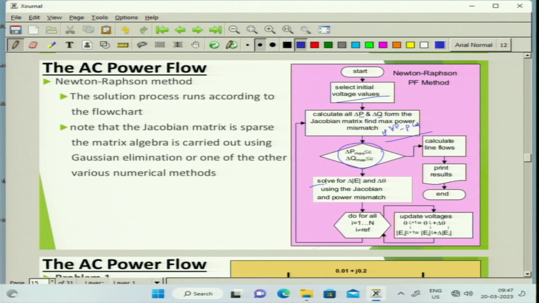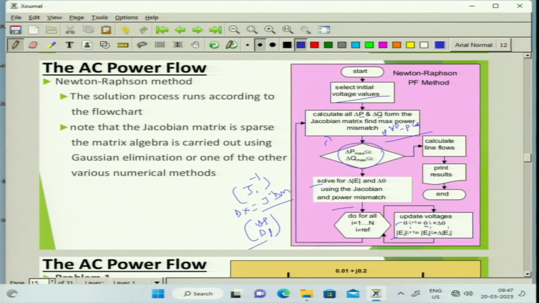Otherwise, solve for angle and voltages, obtain the Jacobian, and with this obtain J inverse. Then find delta x, which I have already told, which is J inverse into delta m. Delta m is nothing but the delta P delta Q matrix that you have already calculated in the previous step. Once this is done, you update angle and voltages.